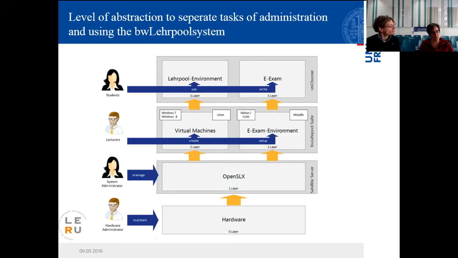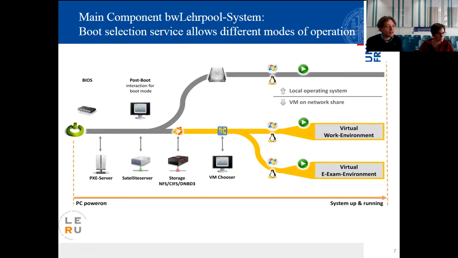There was the question whether we use Ubuntu for the main component, I think you meant, not for the virtual machines that can be started, but for the PXE server. That is easy to answer. Ubuntu is one of the systems which can actually be used. At the moment, it is an Ubuntu system, an 18.04 release, but it's possible to use other Linux operating systems.